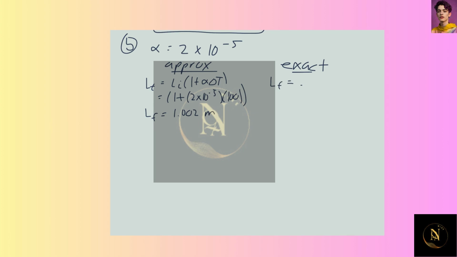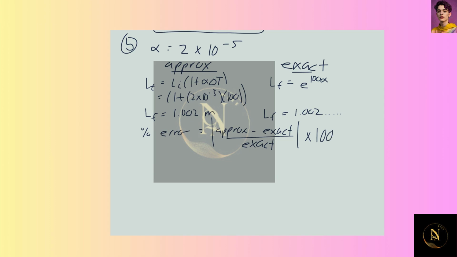If we do it exactly, we have our equation from before. LF is equal to e to the 100 alpha. Plug in alpha, and you should find that LF is equal to 1.002 plus something that's different from the other one. Just hold it in your calculator to find the error approximation. Now, we also know that percent error is equal to approx minus exact over exact times 100.